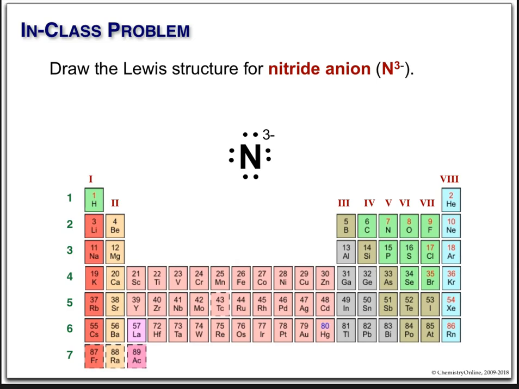One more. Let's be positive here. Sodium forms a cation with a +1 charge. That means it's missing 1 electron. So sodium lives here in the first group. Symbol is Na.